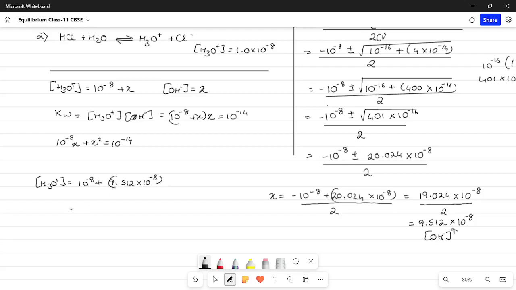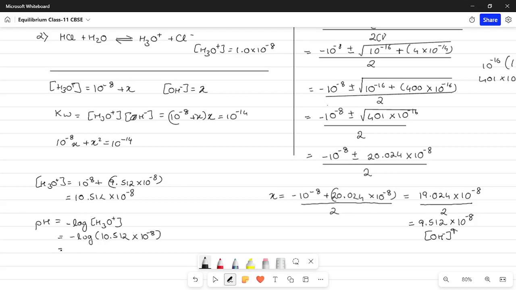So essentially you're going to get 10.512 into 10 to the power minus 8. pH equals the negative log of the concentration of H3O plus, right? So negative log of 10.512 into 10 to the power minus 8.